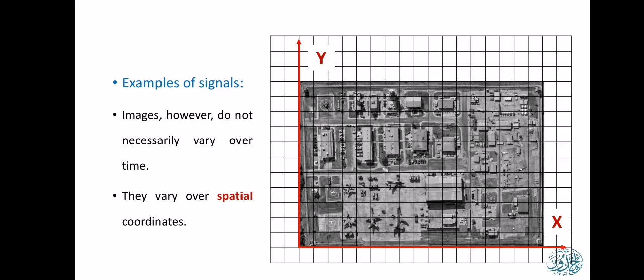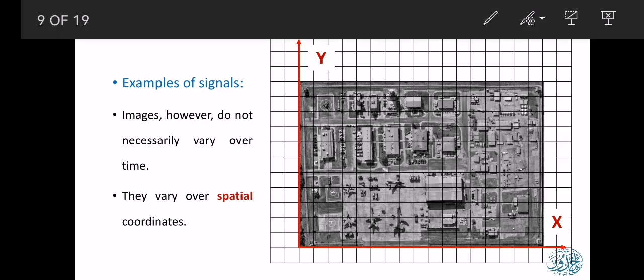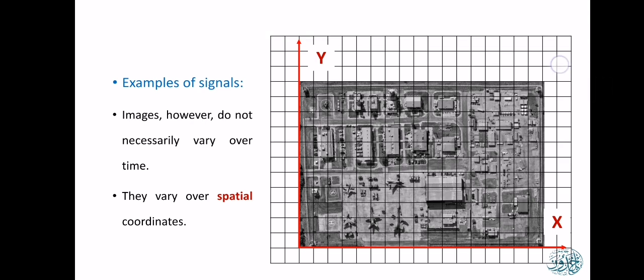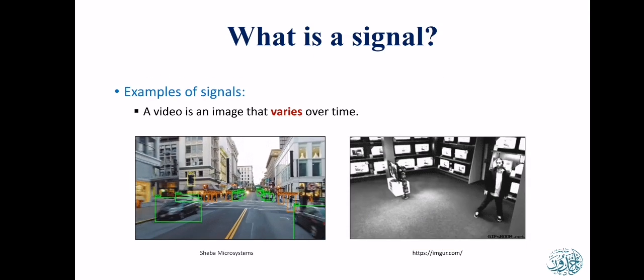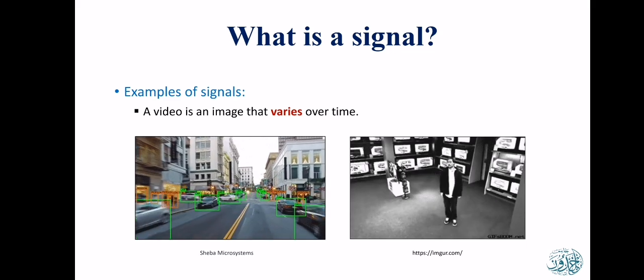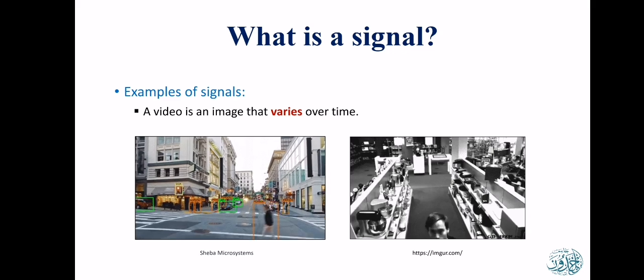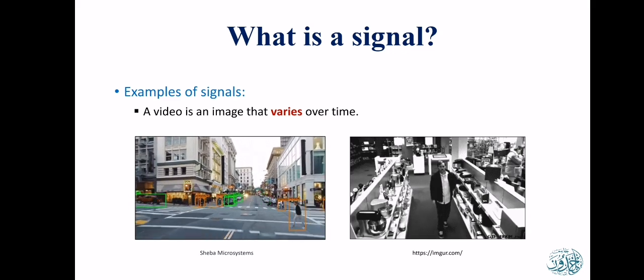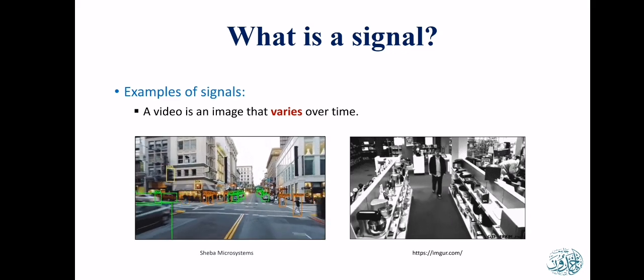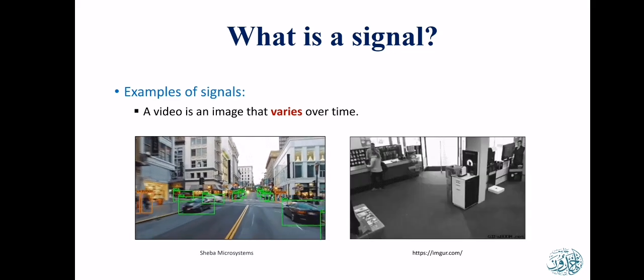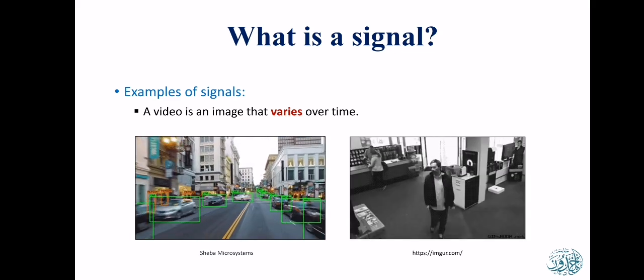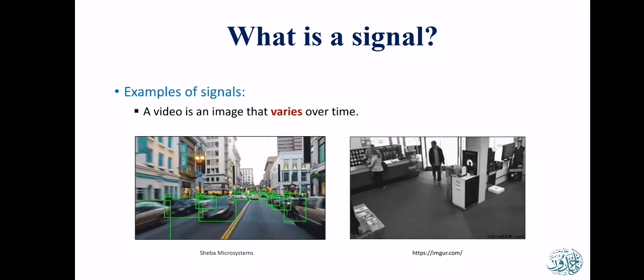Now, what happens when an image varies over time? We get a video, and a video is therefore a three-dimensional signal, so two spatial dimensions, x and y, and one time dimension, t. So it is another important type of signal.